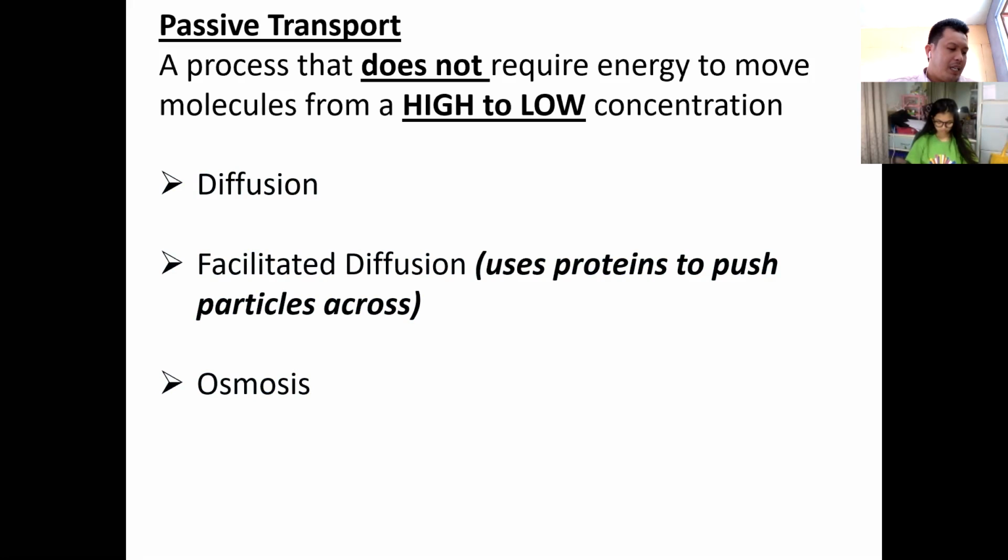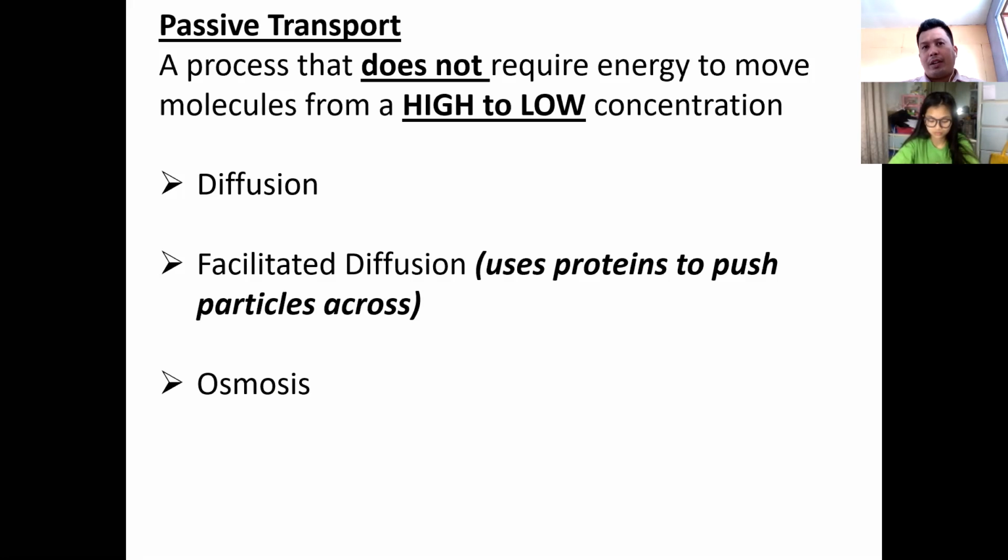So we have the three types of passive transport: simple diffusion, facilitated diffusion, and osmosis. Let's talk about what diffusion is first. The general picture is that all three follow the concept of the movement of molecules from high concentration to low concentration.